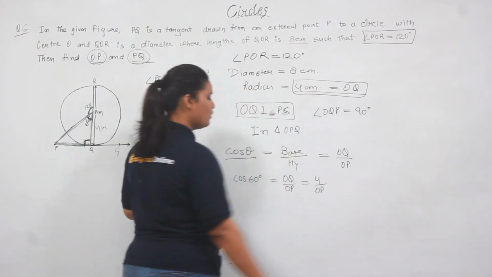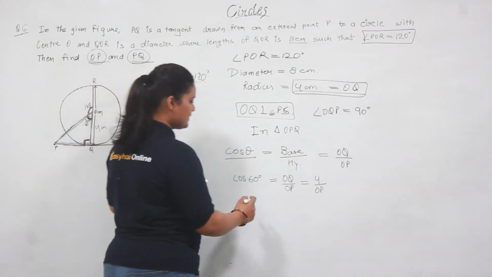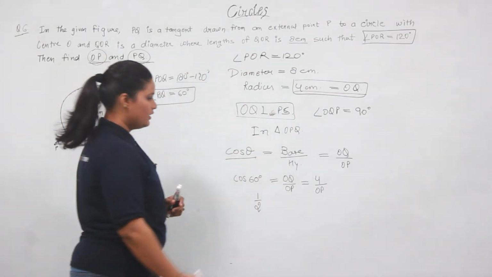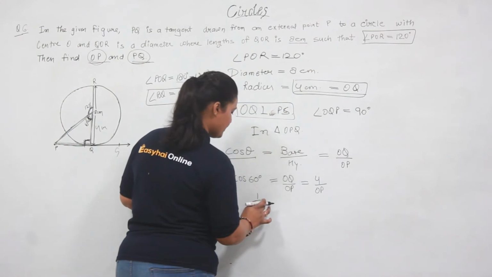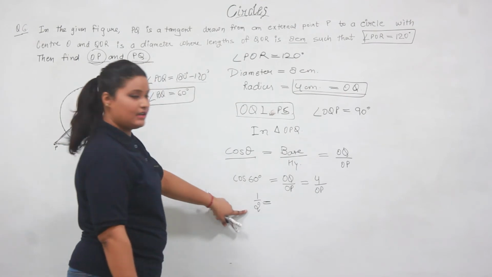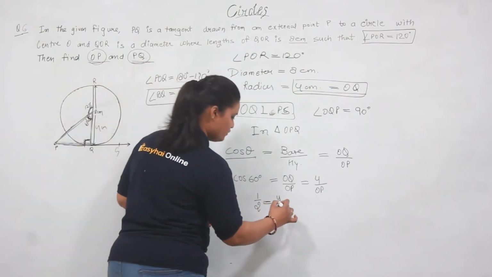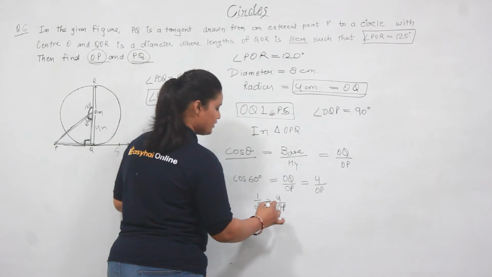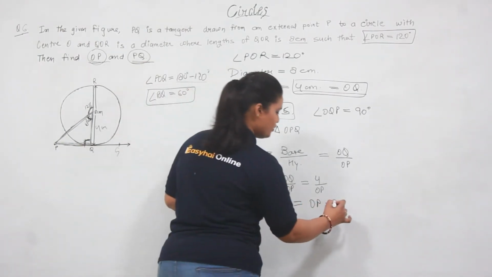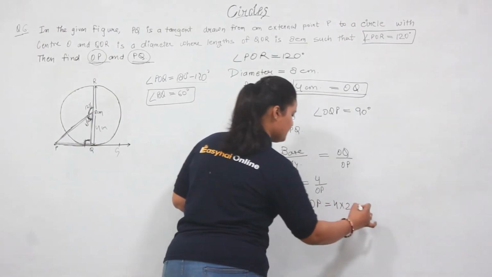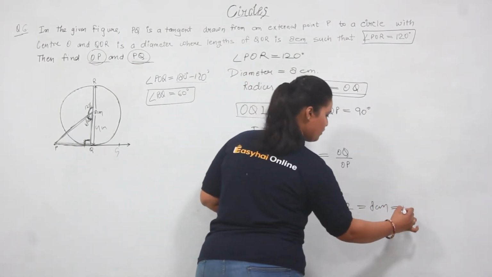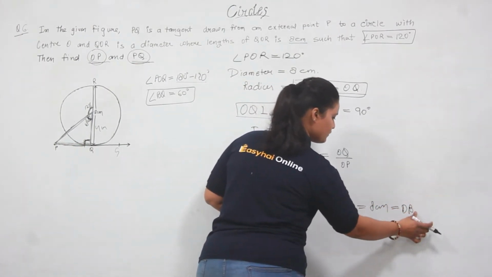We have to find OP, and the value of cos 60 is 1 by 2. Using the trigonometric ratios, I applied cos 60, and 1 by 2 is equal to 4 upon OP. I'll cross multiply and OP will be equal to 4 into 2. It means it is equal to 8 centimeter. Now I have the value of OP also.